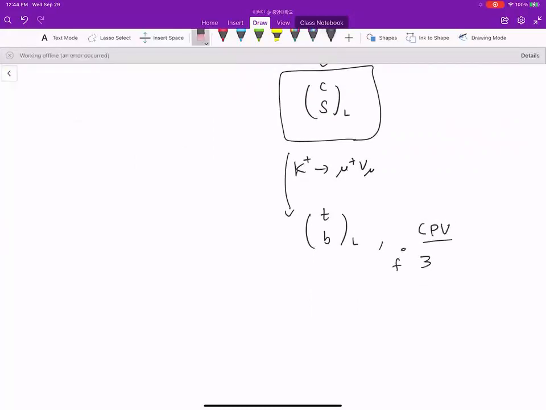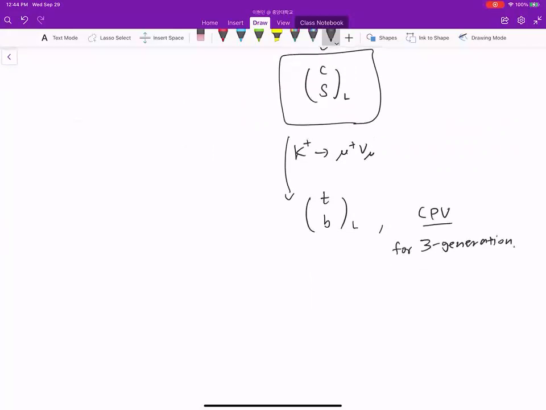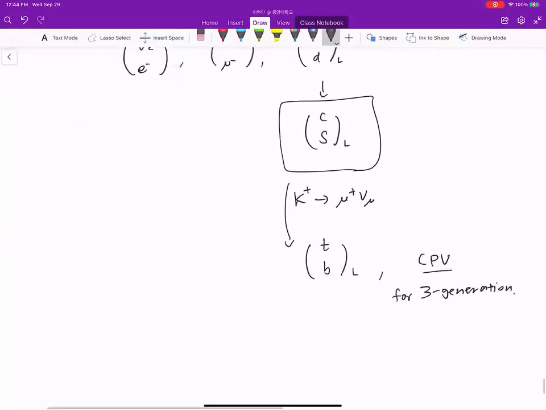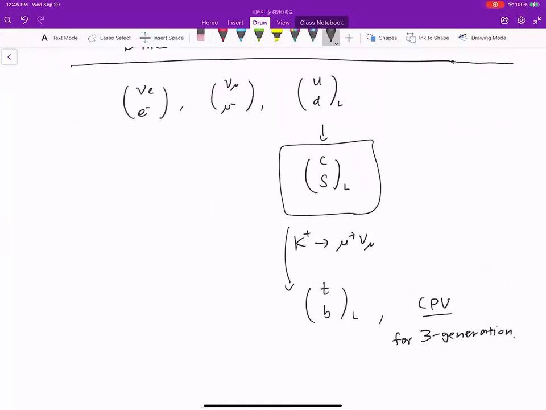And also, I think that this is the first, the K-ion decay, where we had to introduce the Cabibbo angle.